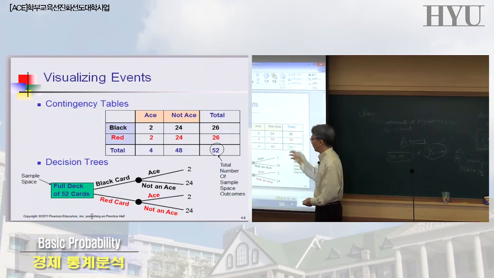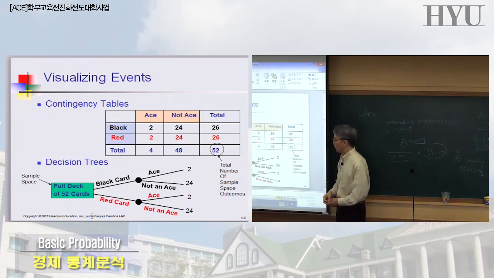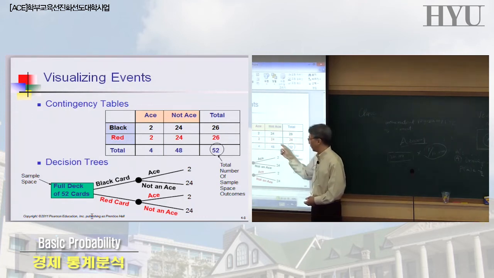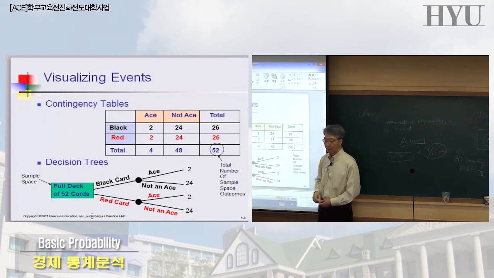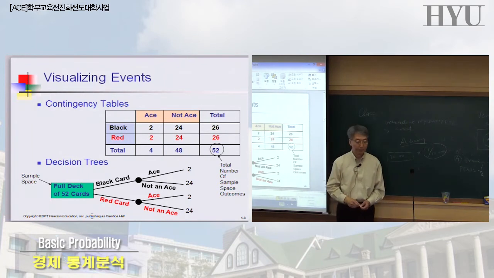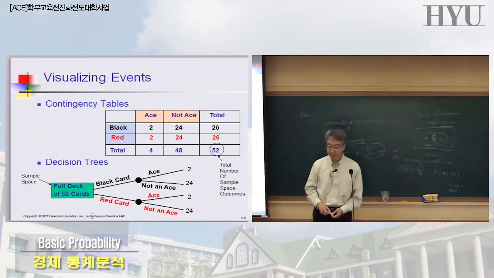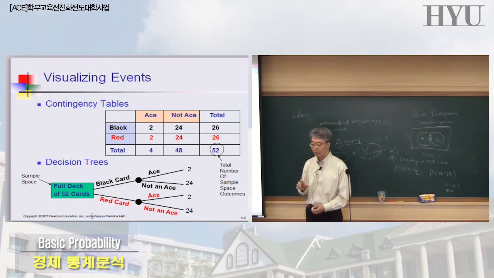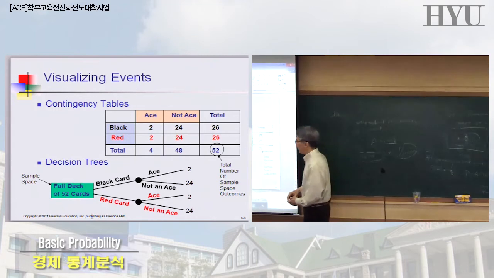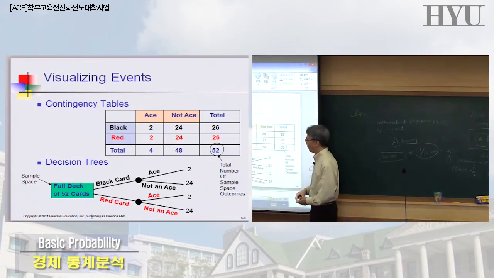So we can calculate the probability anyway. What's the probability that you will pick a card which is red and an ace? That's 2 out of 52, which is 1 out of 26. And what's the probability that you pick a card which is red and is not an ace?